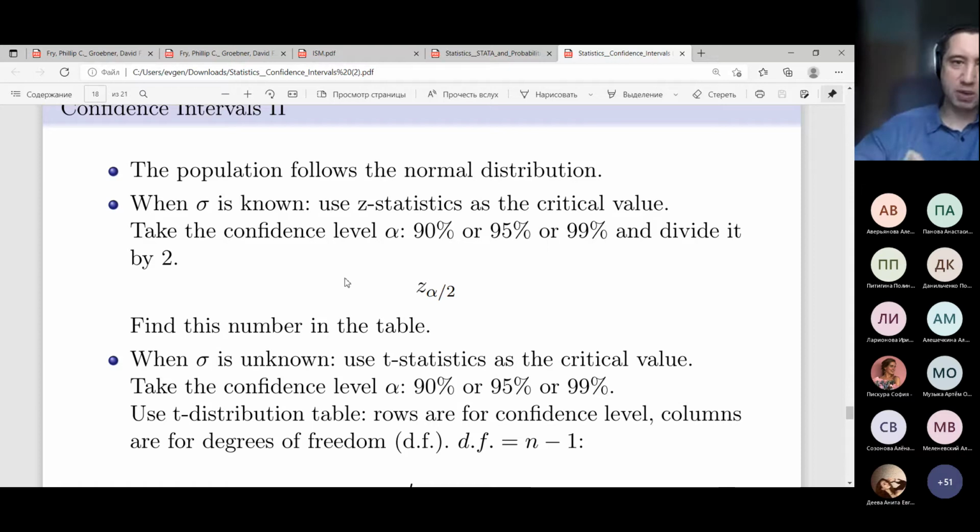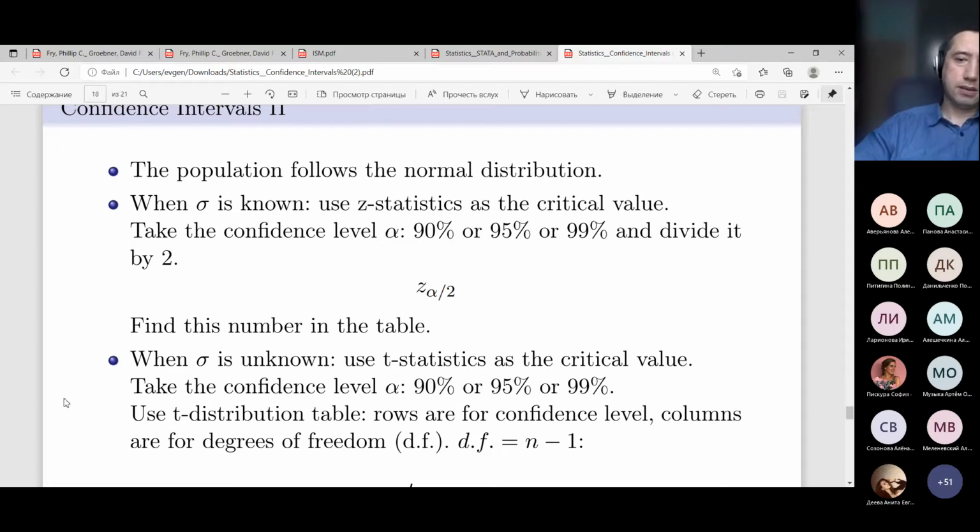They are pretty simple, and you are familiar with that. But what is the difference in contrast to previous exercises? Now you have to divide your alpha by 2. Why? Because your interval is symmetric, so you are looking for two parts of the table.